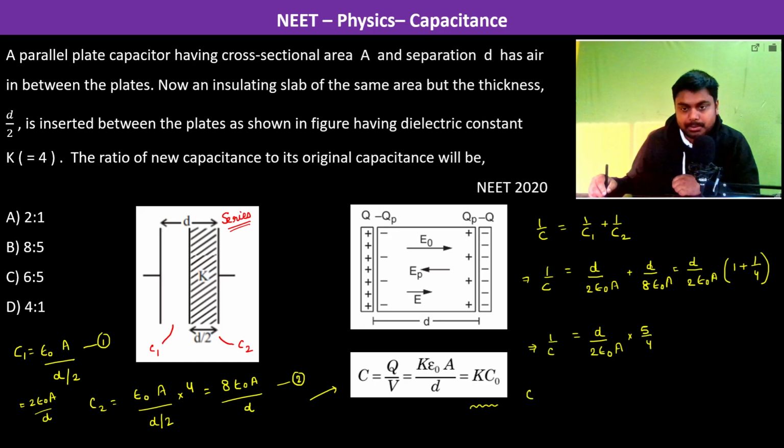So therefore the capacitance becomes 8 by 5 epsilon naught A upon D.